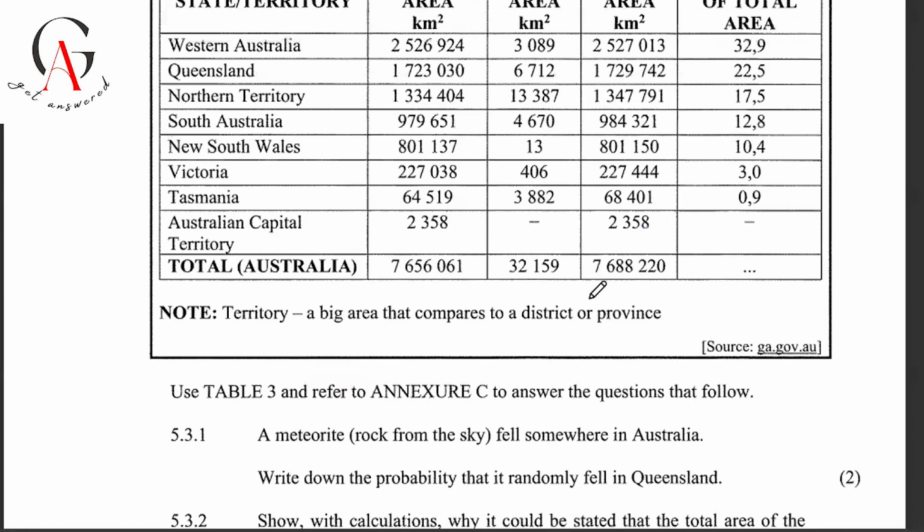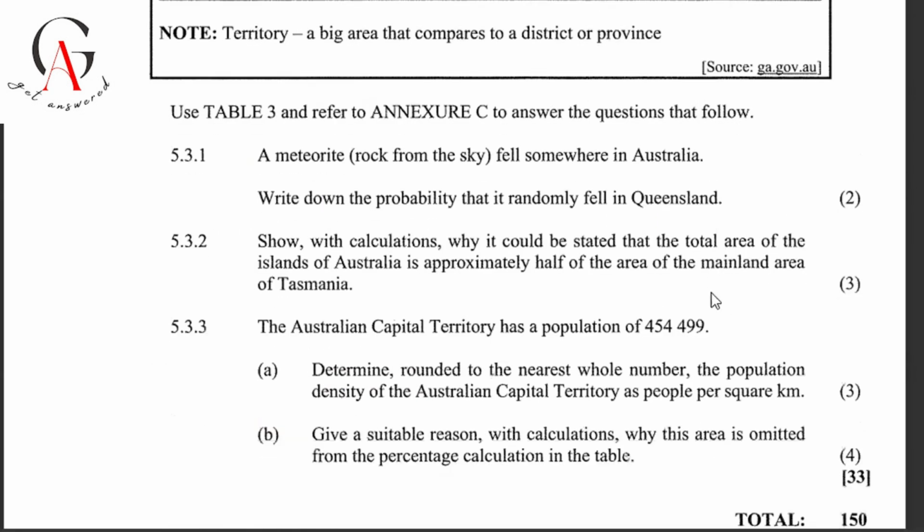Queensland, this is out of how many? Because here we only have 1 Queensland. So how many places are there? We have 1, 2, 3, 4, 5, 6, 7, 8. So the probability here is going to be 1 out of 8. I just want the probability. I didn't say as a percentage or a decimal.